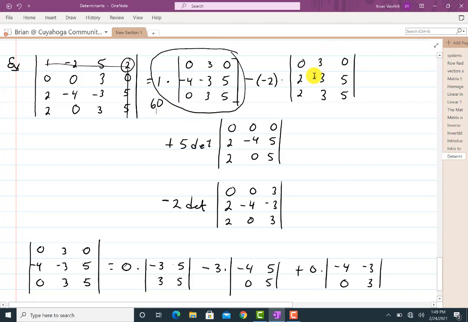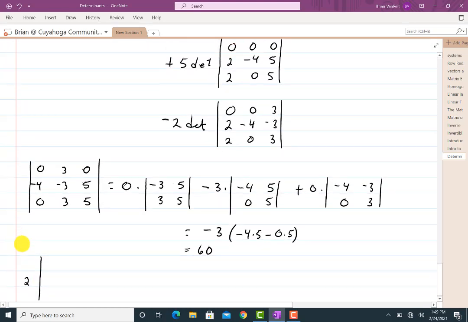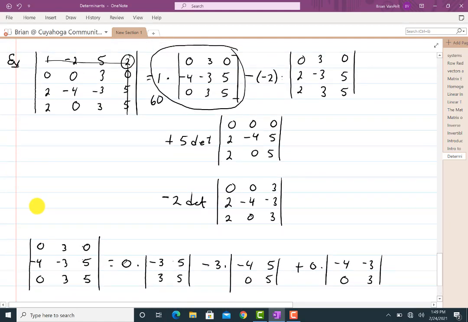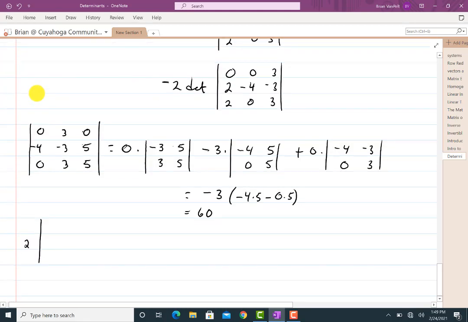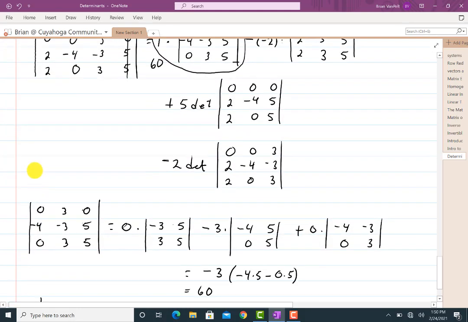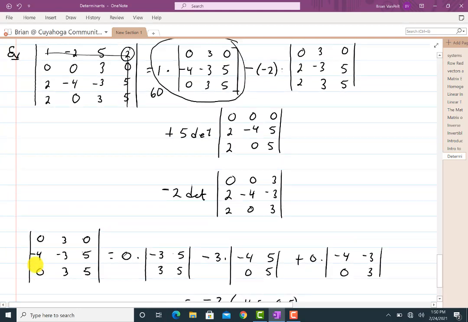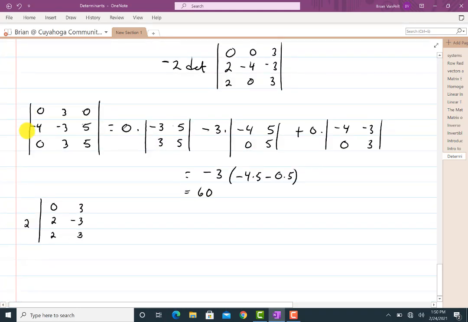So this piece right here is 60. Now I'll move on to this one. Here I'll take the double negative out. And let's copy that matrix down. 0, 2, 2. 3, -3, 3. 0, 5, 5.